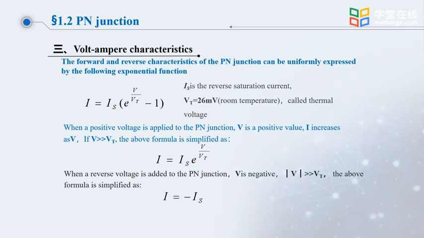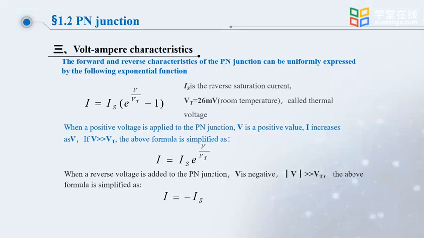When a forward voltage is applied to the PN junction, that is, when V is greater than 0, or V is much greater than Vt, I increases as V increases. If V is much greater than Vt, at this time, e to the power of V over Vt is far greater than 1, so we can ignore 1. The formula is simplified as I equals Is times e to the power of V over Vt. In other words, it is an exponential relationship.